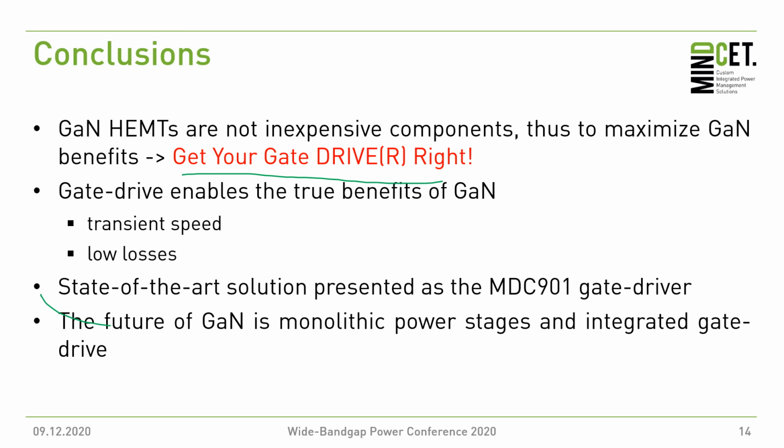These benefits are transient speed, so really fast dV/dt and almost ideal switching. And this, of course, goes hand in hand with low losses. I presented a state-of-the-art discrete gate driver solution in the form of the MDC 901. And I also talked to you about the future dream that we are bringing into reality, being GaN as monolithic power and monolithically integrated solutions for that.